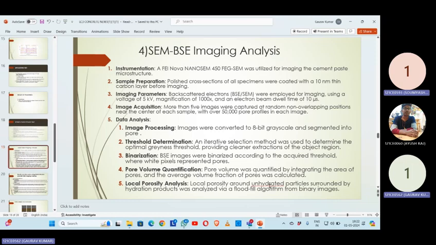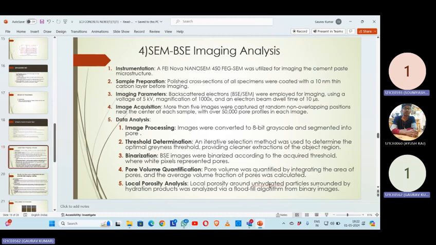First is image processing. Images were converted to 8-bit grayscale and segmented into pores. Second is threshold determination. An iterative selection method was used to determine the optimal grayness threshold, providing cleaner extraction of the object region. The third is binarization. BSE images were binarized according to the required threshold, where white pixels represented pores.